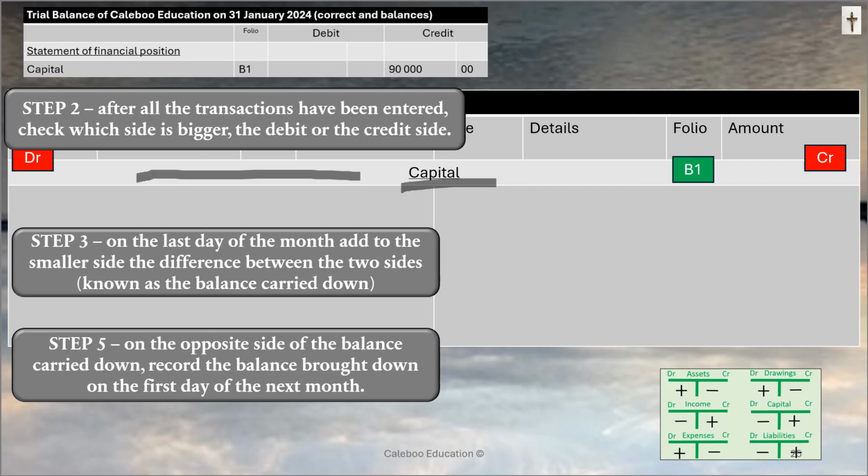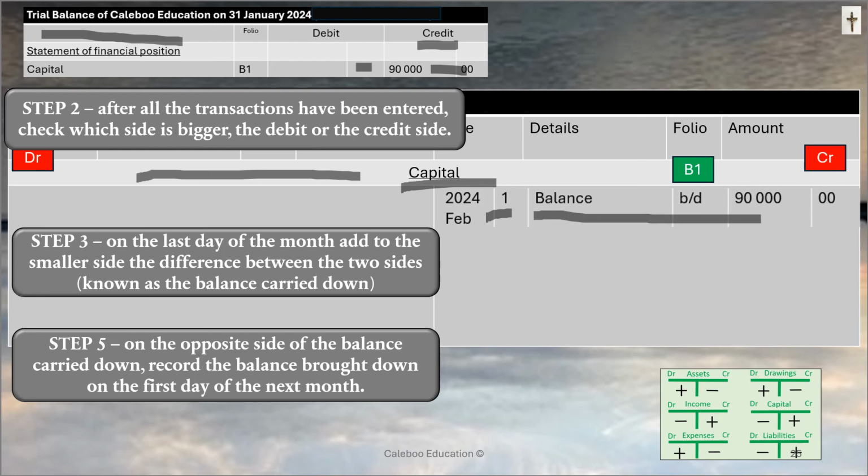So here is a screenshot of the previous month's trial balance. The opening balance for capital was 90,000. That balance is on the credit side. So on the 1st of February, the balance brought down from January's trial balance is 90,000.